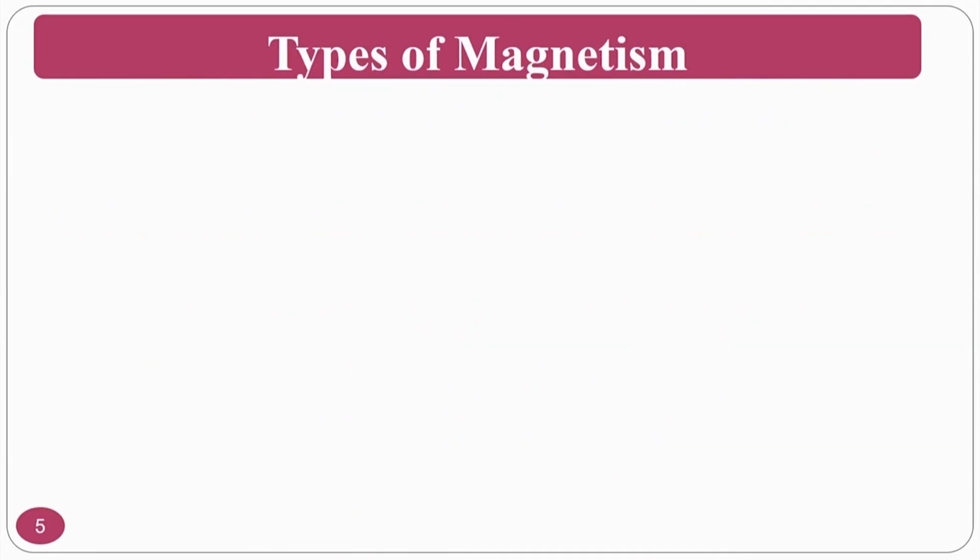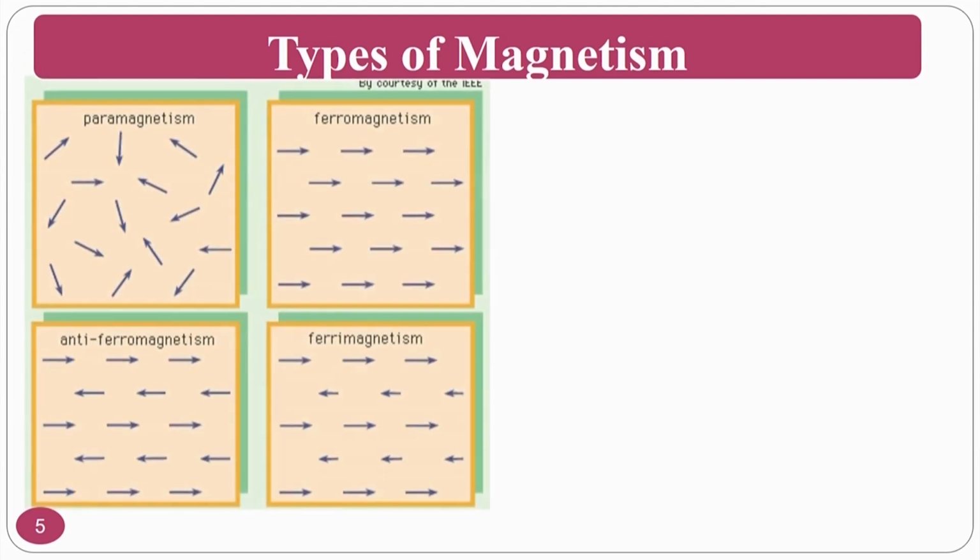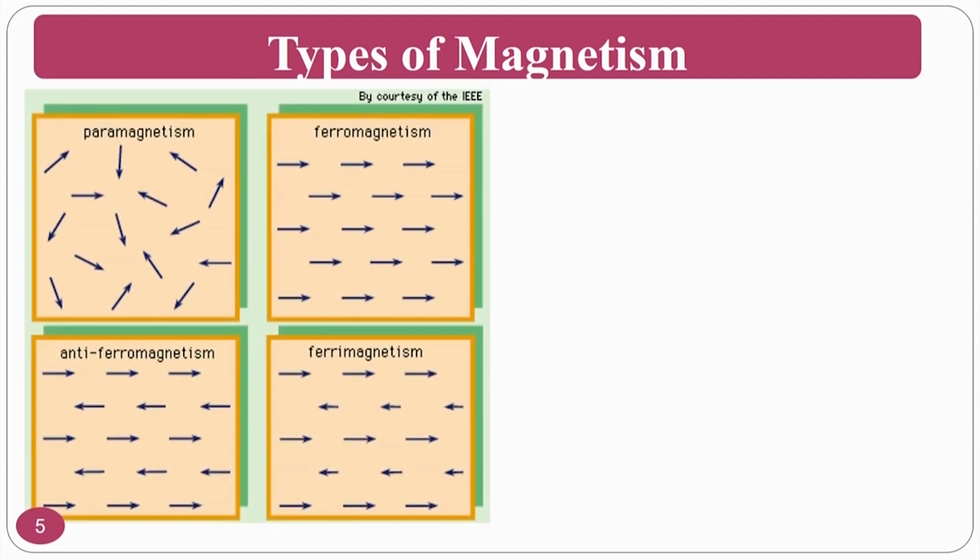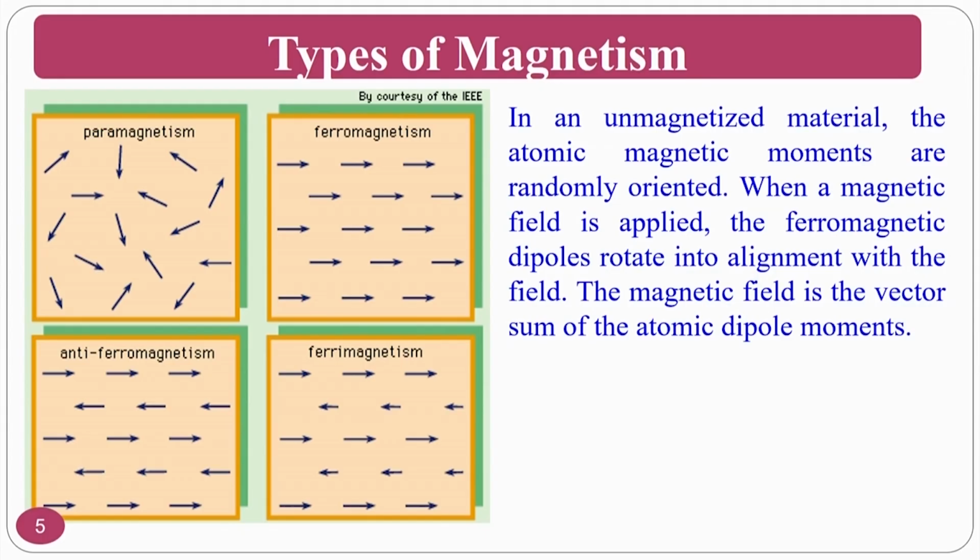As you are well aware, varieties of magnetism are there: paramagnetism, ferromagnetism, antiferromagnetism, ferrimagnetism and other things. In paramagnetism, the basic thing is that in an unmagnetized material, if you are not putting any magnet, if the material is not experiencing any magnetism, the atomic magnetic moments are randomly oriented.